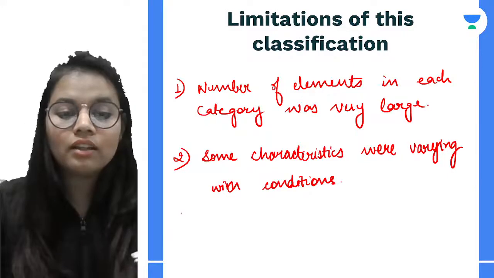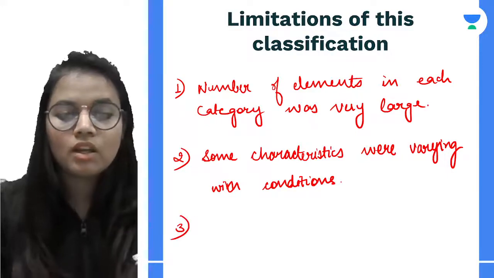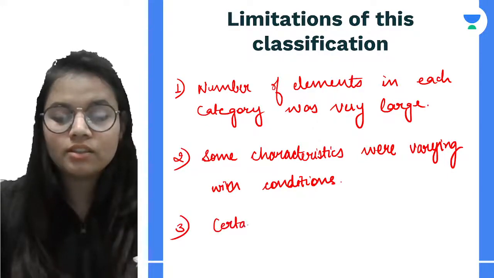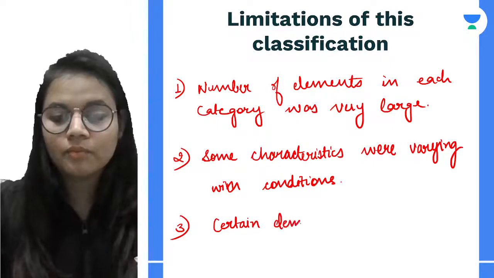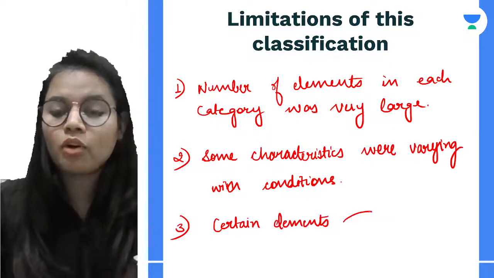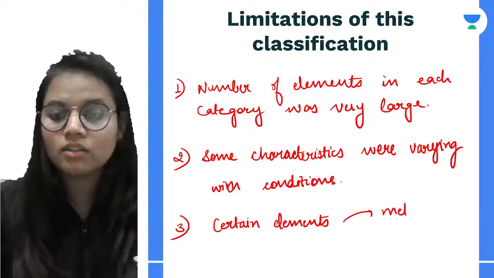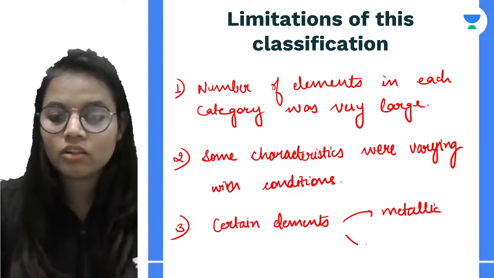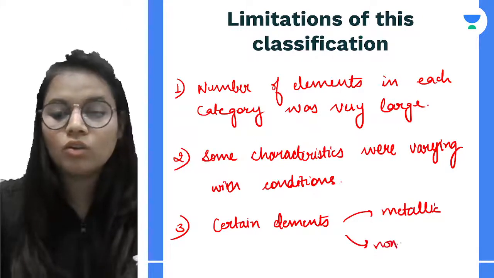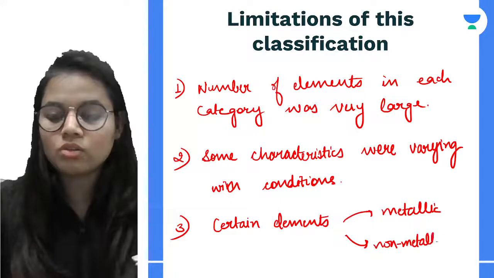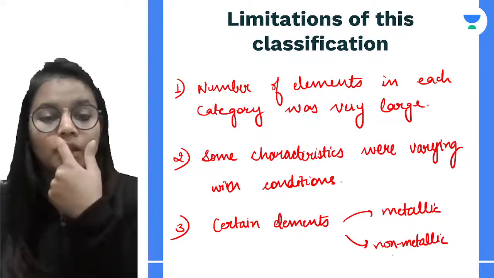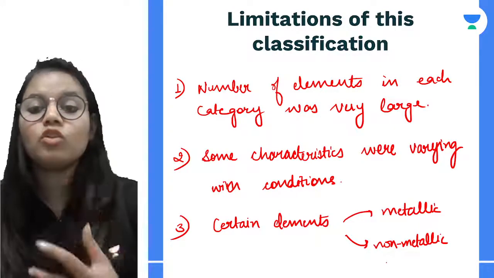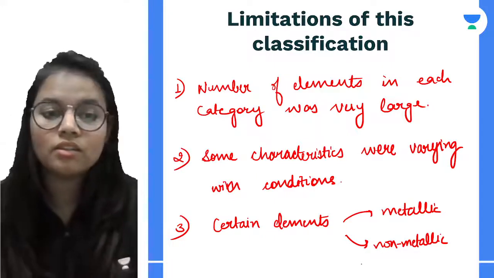The third one was that there were certain elements which showed the properties of metals, that is, metallic character, and also showed non-metallic character. So he couldn't answer where to place these elements.